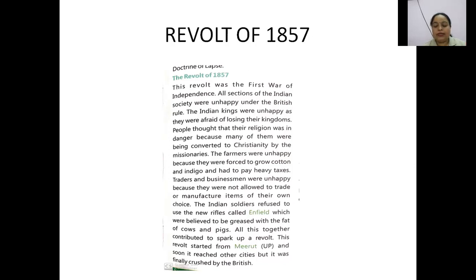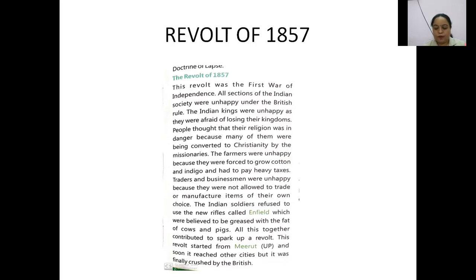The Britishers crushed this revolt. They defeated the Indian people. Okay, this was the revolt of 1857.